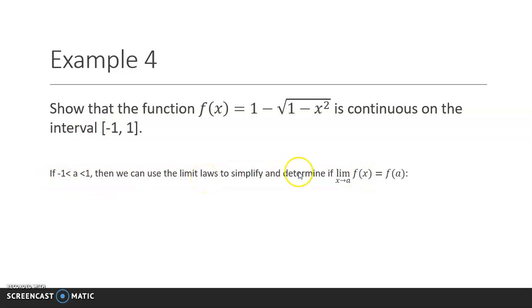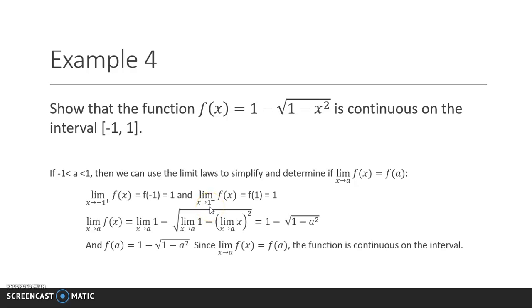Use the limit laws to simplify and then see if the limit as x approaches a is equal to evaluating for f of a. So that's your step 1. Step 2 is to actually take -1 and put it in, and take 1 and put it in, and see if it can actually be evaluated for those, because they're included in our interval. So go ahead and do that, and then press play to check your answer.